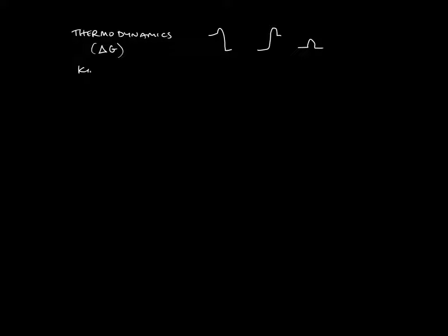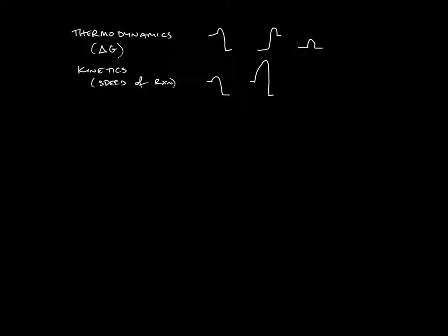Kinetics is about how fast something happens. And so think about this as basically the speed of the reaction. How fast is it going to go? And this is based on a number of different factors, but if we have a reaction that goes down in energy, sometimes the reaction energy diagram looks like that, and sometimes it looks like that.